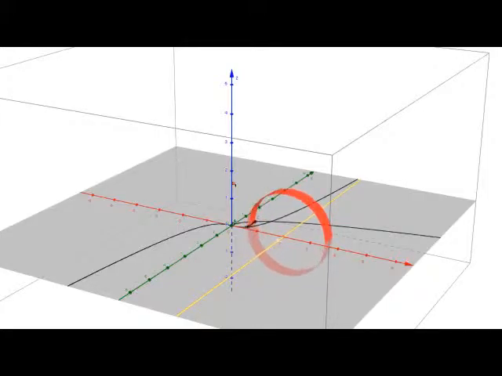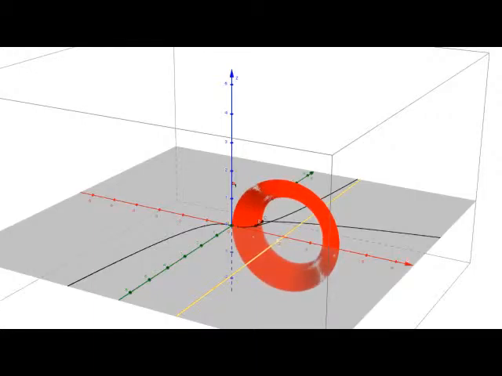You can see the bar is moving along the x-axis from 0 to 1, with a thickness of delta x, so it needs to be functions of x in the integration. Let's try and scribe out this shape. I'll put the trace on, and we'll do this slowly. Here we go.